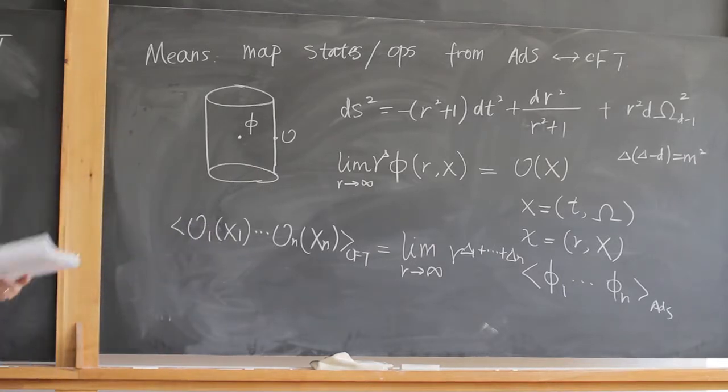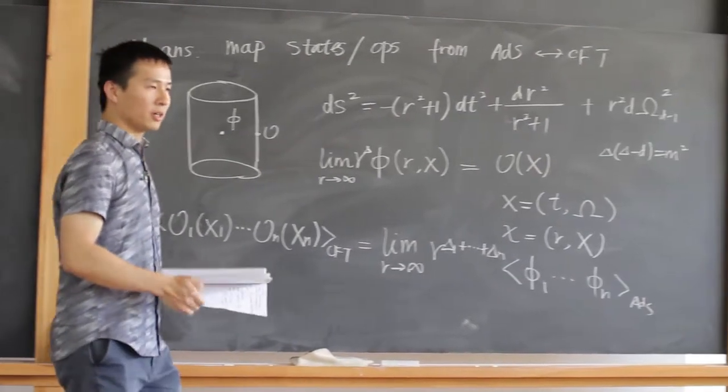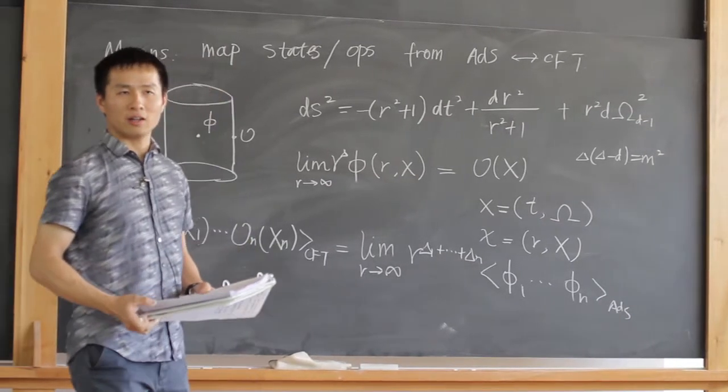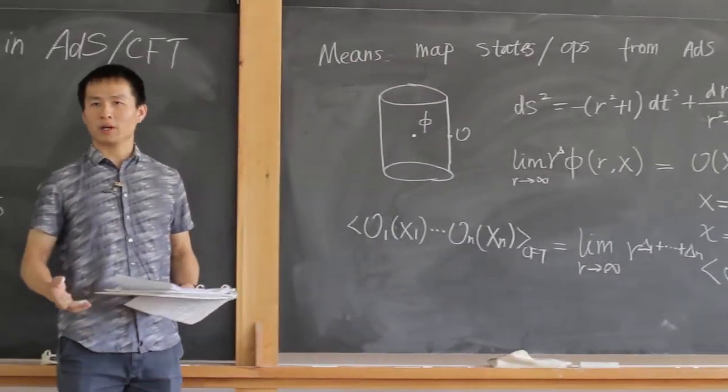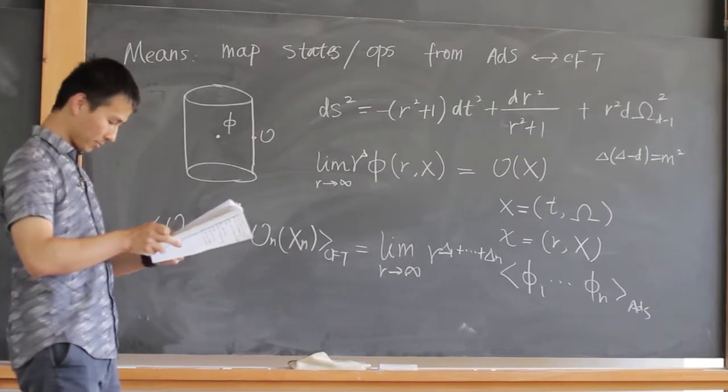This turns, for example, complicated, strongly coupled n-point function calculation on the boundary into a simpler, weakly coupled computation in the bulk.